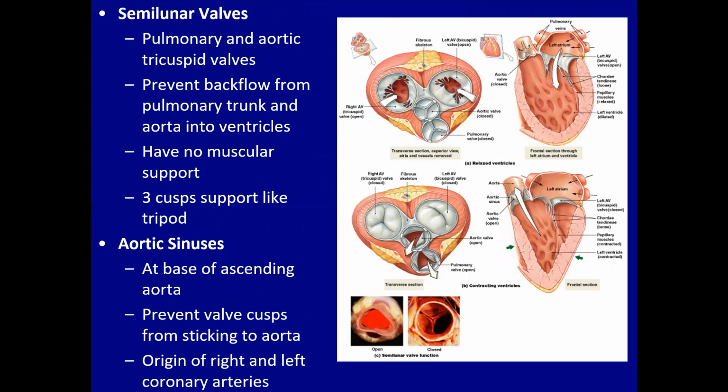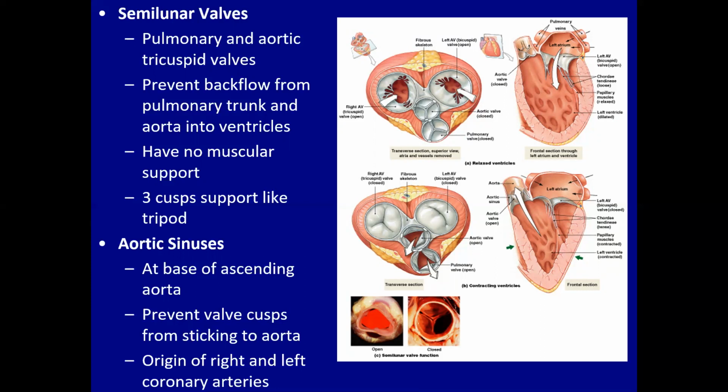Now we're going to talk about the second type of valve, and these are called semilunar valves. When the valves are closed, they look like moons. When you look at the individual pieces, they look like portions of moons, right? That's why they're called semilunar. There are two.